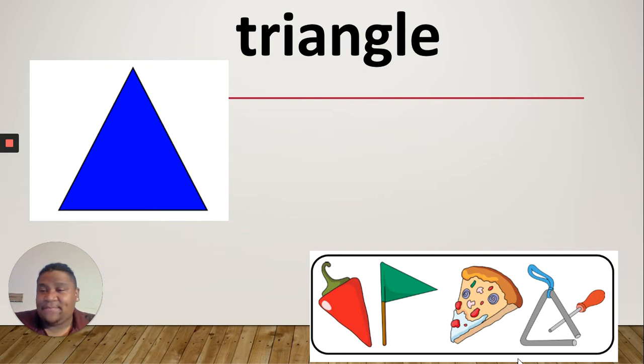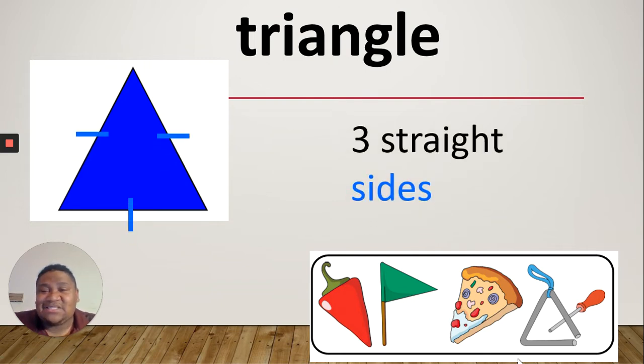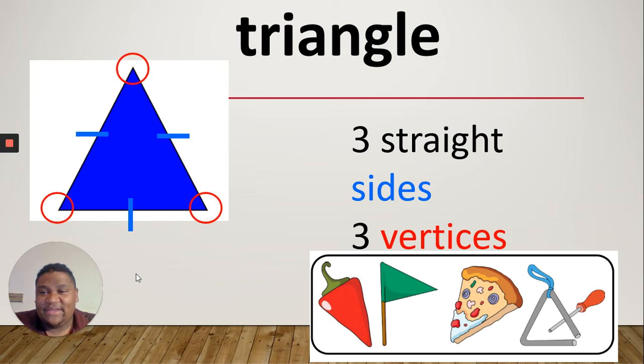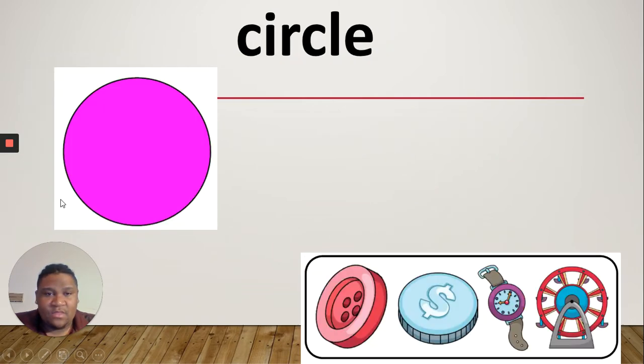All right, our next shape is a triangle. A triangle has 3 straight sides. Does everyone see those 3 straight sides? 1, 2, 3. And it has 3 vertices where 2 lines meet. 1, 2, 3.